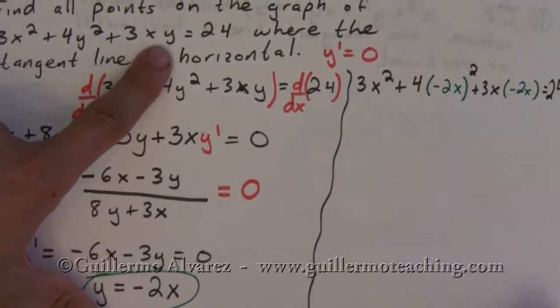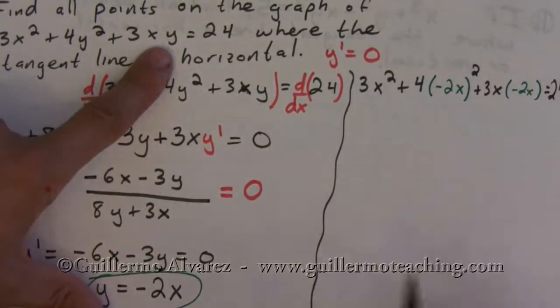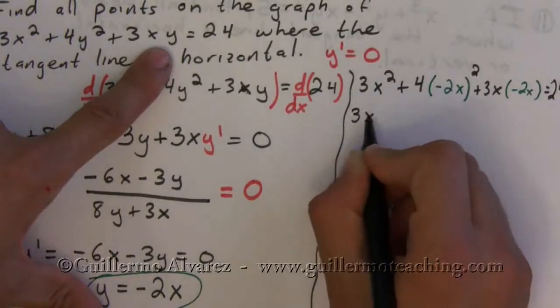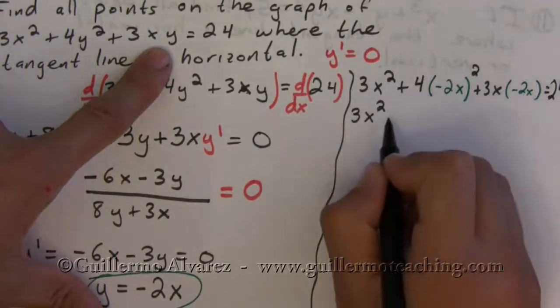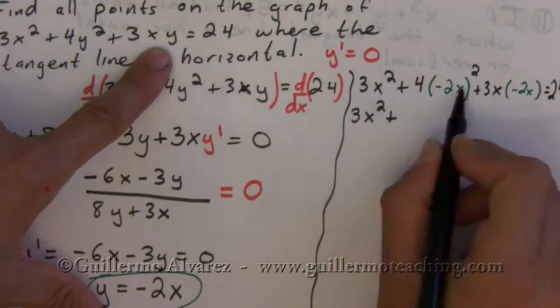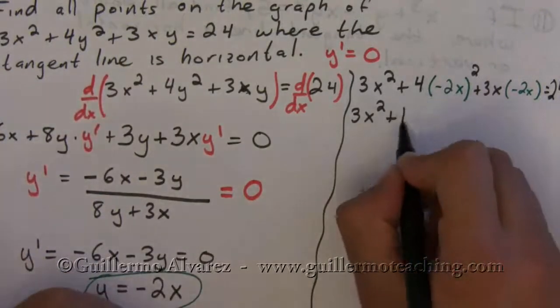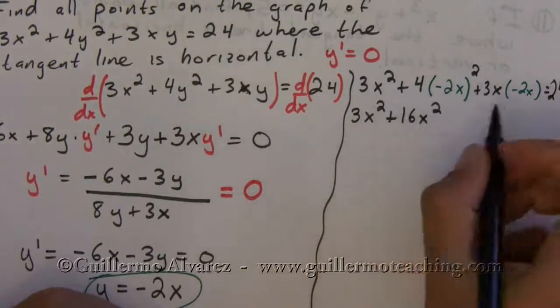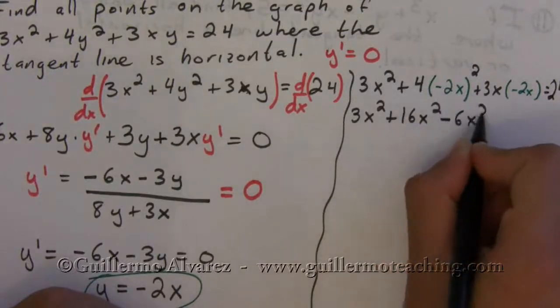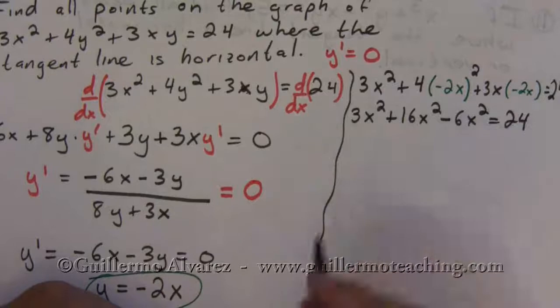And so now what I have is an equation that I can actually solve. So here, let me just clean this up a little bit. This is 3x squared plus 2x squared. Well, that's 4x squared times 4 is 16x squared minus 6x squared equals 24.